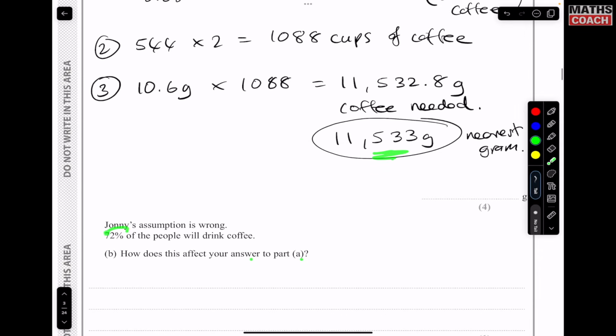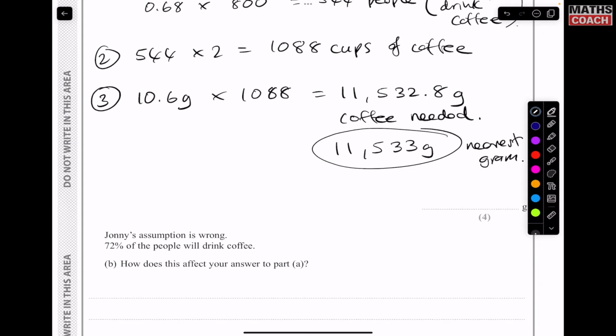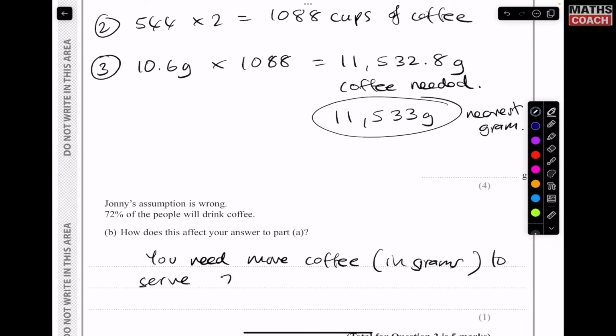What will happen? If more people are going to be drinking coffee, that means you need more cups of coffee, and therefore you're going to need more grams of coffee as well. You need more coffee in grams to serve 72% of the people drinking coffee.